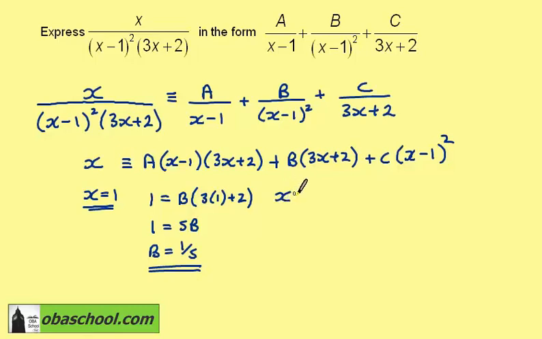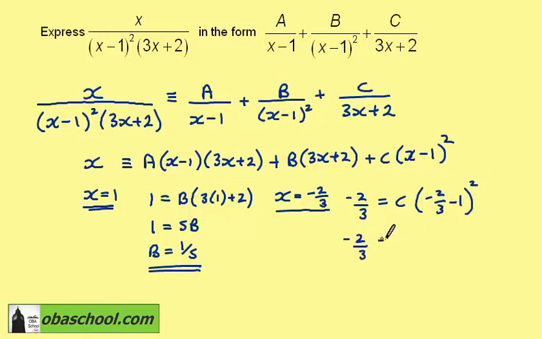If we now choose x is equal to minus 2/3, 3 times minus 2/3 is minus 2. Add 2 is 0. So these two terms will disappear. Substitute in here, minus 2/3 will be equal to c into (minus 2/3 take 1) all squared.